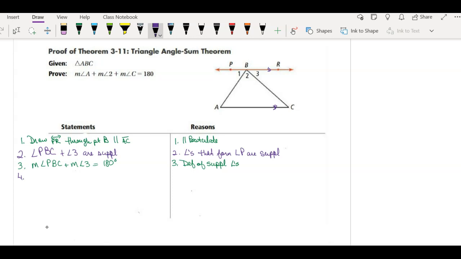I've got parallel lines, and I've got a transversal. So angle 1 and angle A are congruent. Angle 3 and angle C are congruent. If I can figure out a way to write that in my proof, then I am golden.